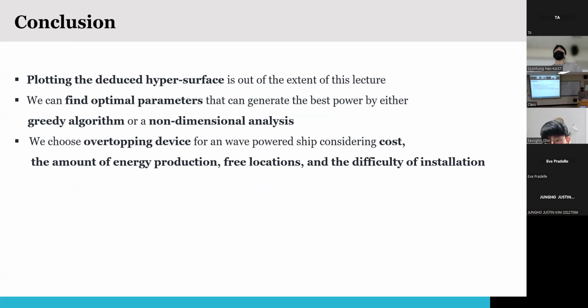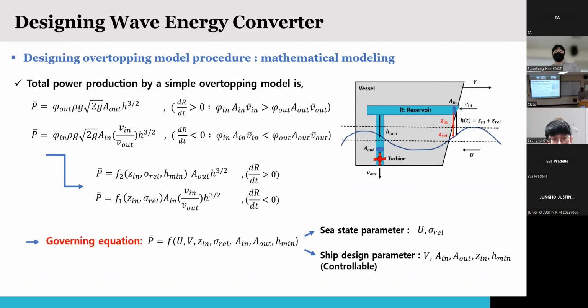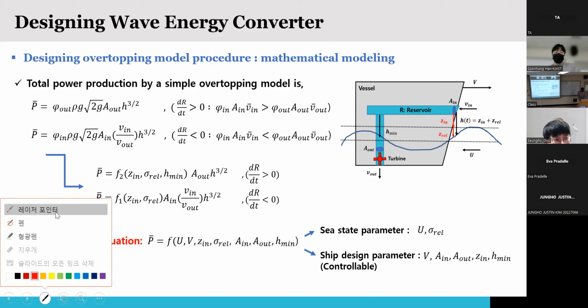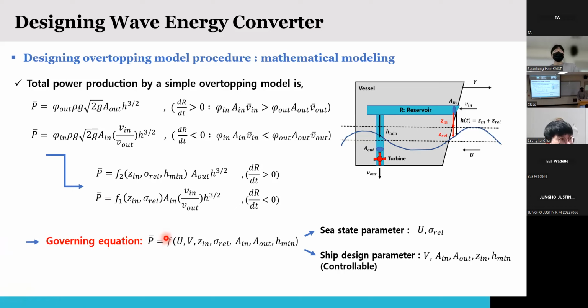That's why I skipped the explanation about the functions. As you can see, it was difficult to get how these values will change depending on the variation of these parameters.